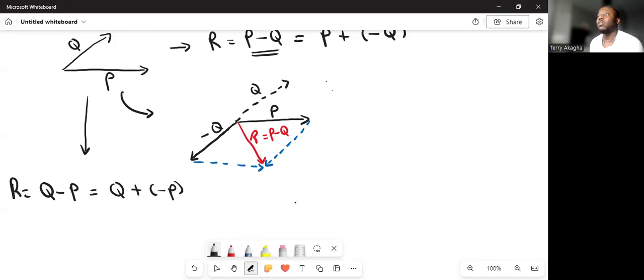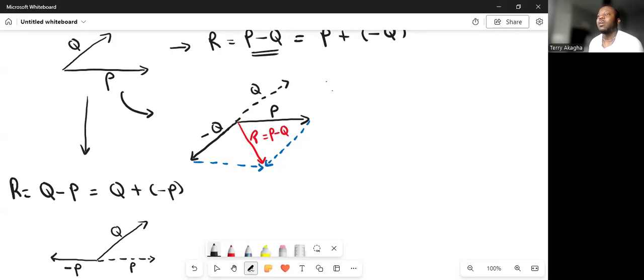So the Q is going to remain the same, but we're going to flip the P. Is that making sense? So we're going to have it like this, Q, like this. This is the Q. Now, ideally, the P was in this direction, but now it's going to be in this direction here. So this is minus P, while this was the P.